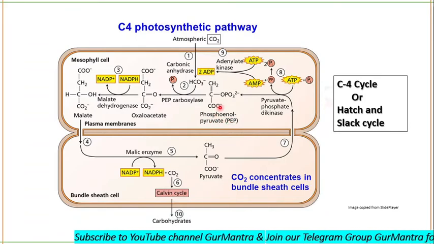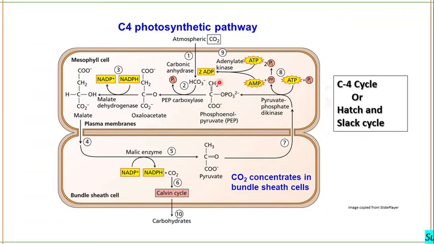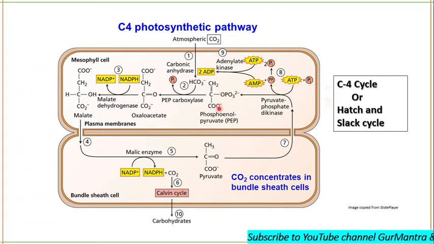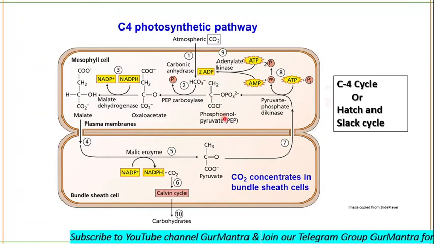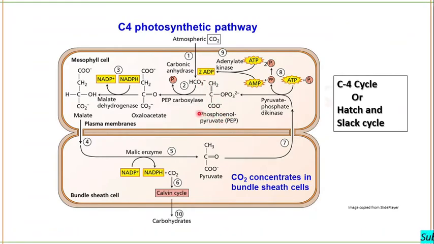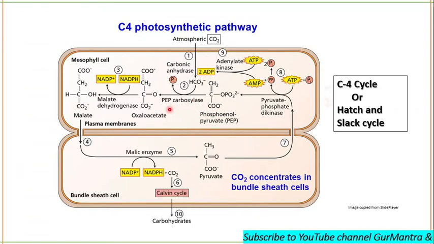Phosphoenol pyruvate is a 3 carbon compound and RuBP is a 5 carbon compound. After the carbon dioxide has been incorporated into the phosphoenol pyruvate, it gets converted into oxaloacetate, which is a 4 carbon compound.